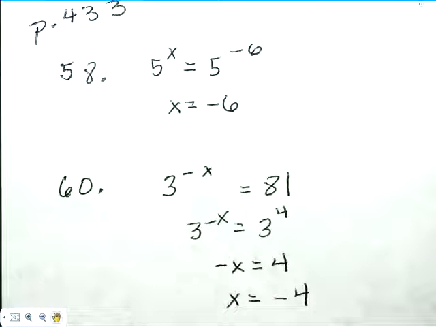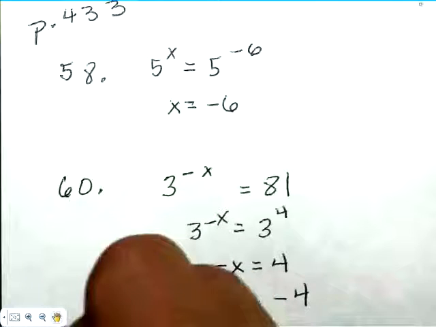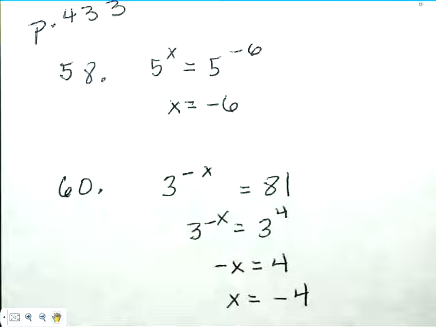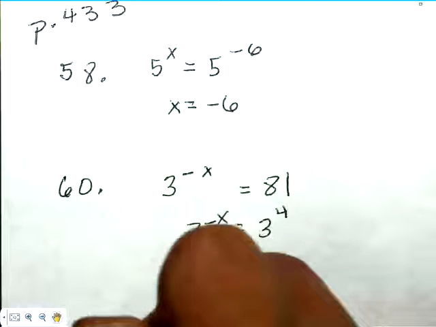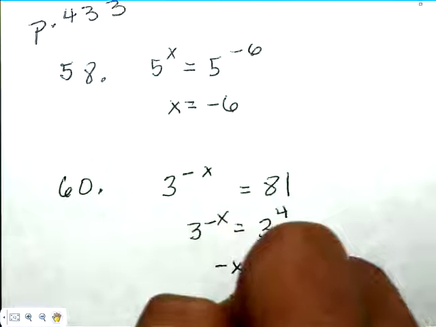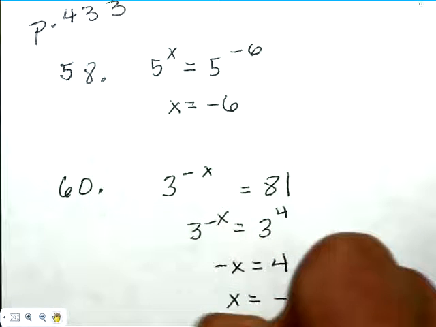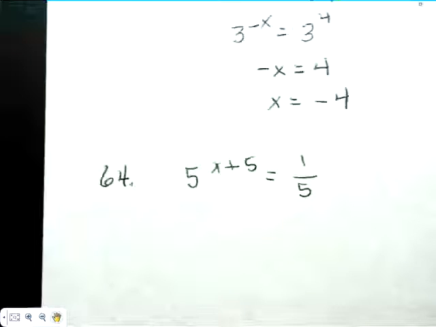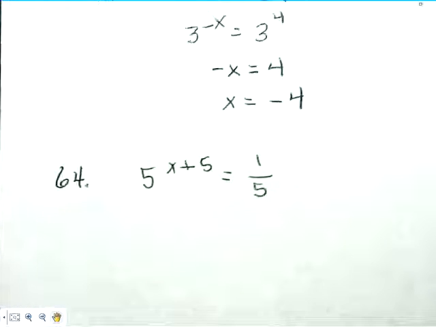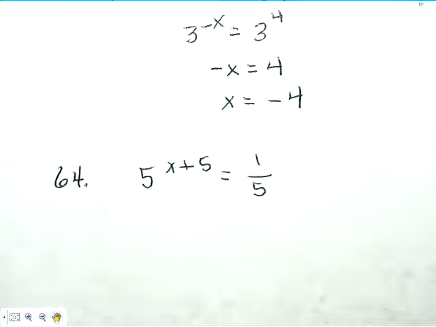Moving up one more level of, I'm not even sure this is harder. Number 64, 5 to the x plus 5 equals 1/5. Now, when I said that this tool can only be used to solve some exponential equations, let me clarify that.